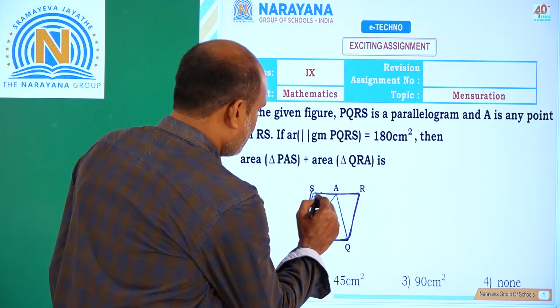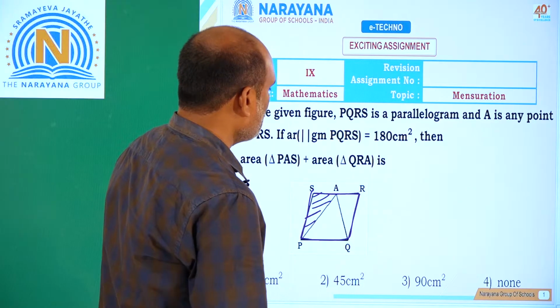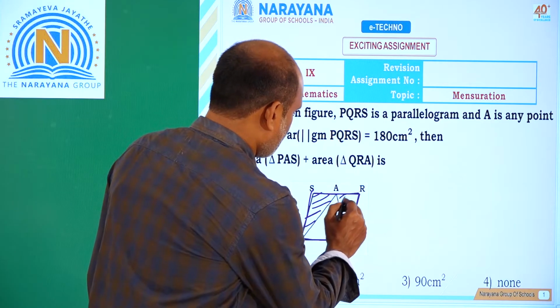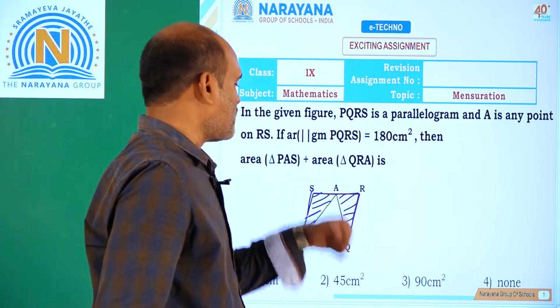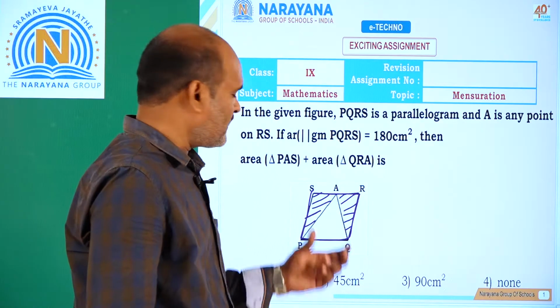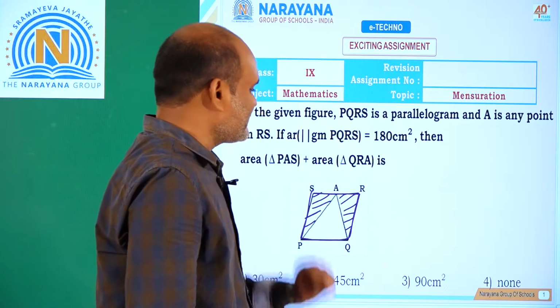Now we find the area of PAS plus the area of QRA. QRA means this area. The total area is already given. Now we want to find this area plus this area.